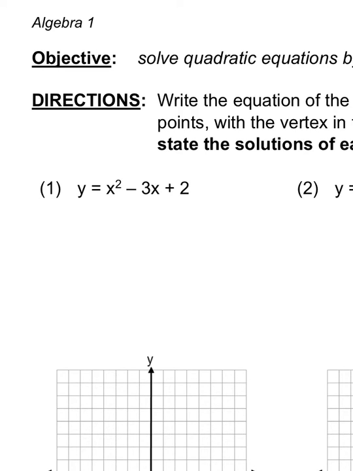So y minus 2 is equal to x squared minus 3x. We're going to complete the square. All right. You don't have to complete the square in your head. You have calculators.